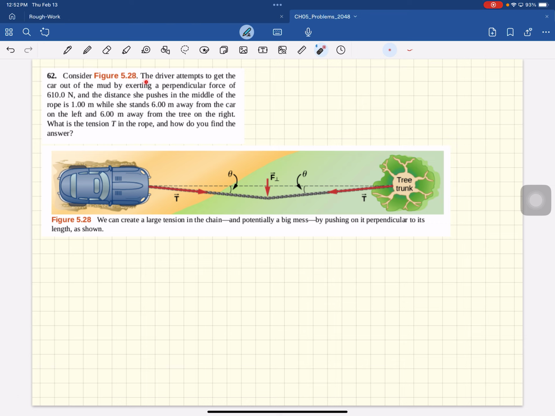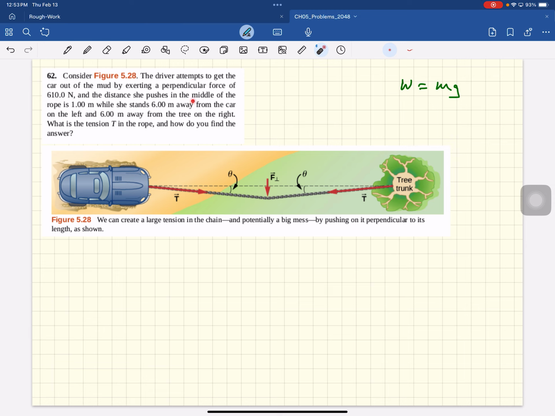The problem says the driver attempts to get the car out of the mud by exerting a perpendicular force of 610 newtons. 610 newtons, by the way, is roughly your weight. Remember your weight is mg, g is 10, so 600 divided by 10 means your mass is about 60 kg.